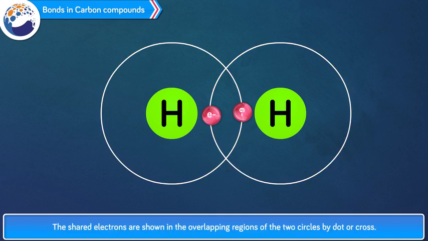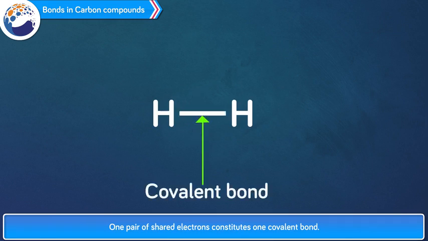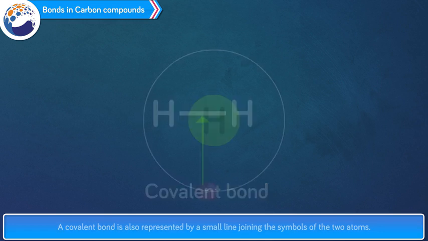The shared electrons are shown in the overlapping region of the two circles by a dot or cross. The electron dot structure is also drawn without showing the circle. One pair of shared electrons constitutes one covalent bond. A covalent bond is also represented by a small line joining the symbols of the two atoms.